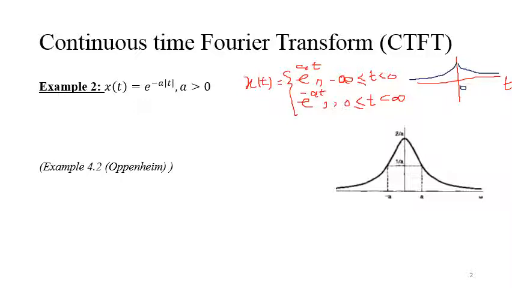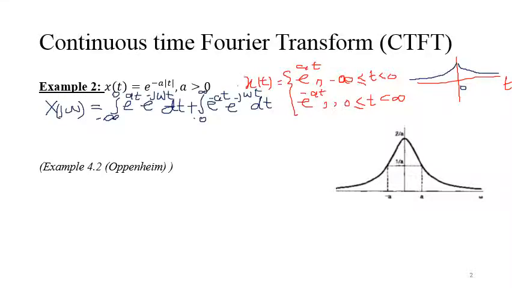So it's quite straightforward that we write x of j omega equal to, from minus infinity up to 0, e power at times e power minus j omega t dt, plus from 0 up to infinity e power minus at times e power minus j omega t dt.